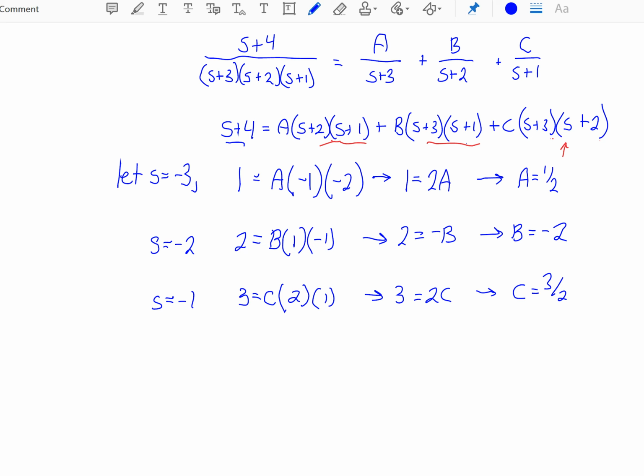This now allows us to write our solution y of t as the inverse Laplace of 1/2 over s plus 3 minus 2 over s plus 2 plus 3/2 over s plus 1.